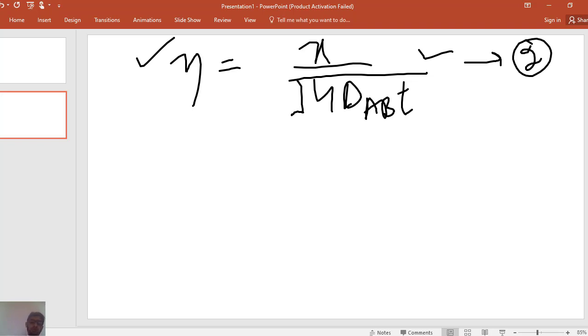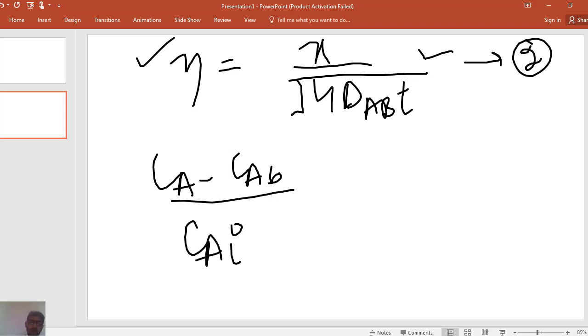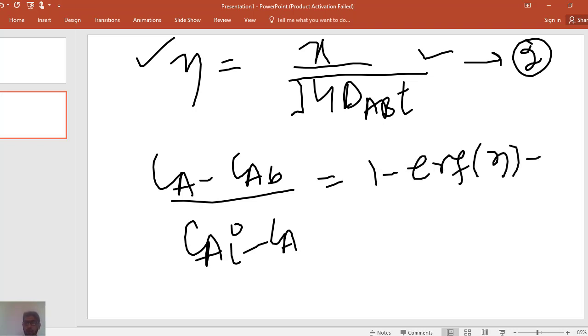The final solution is (CA minus CAB) over (CAI minus CAB) equal to 1 minus the error function of the similarity variable, which is nothing but the complementary error function of the similarity variable.